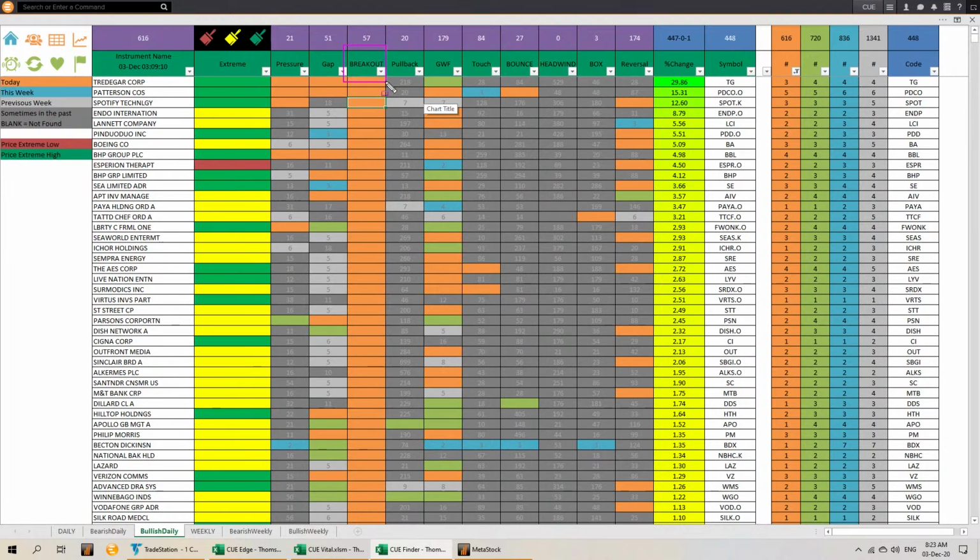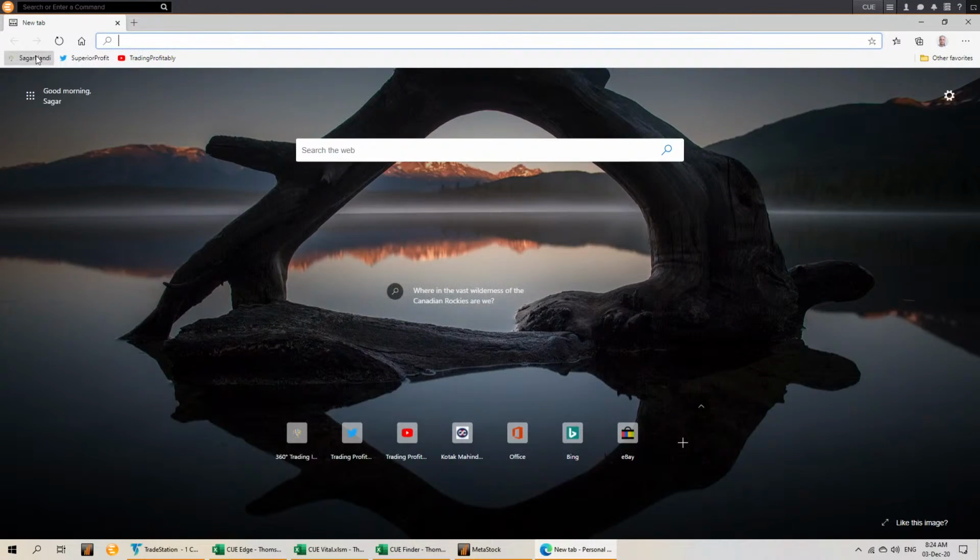The trade setups which are in capital letters, breakout, bounce, headwind, box, go with flow, most of them are associated with unambiguous checklists. So when we open the chart of a particular stock, we are referring to that checklist that is on the website sagarnandi.com.